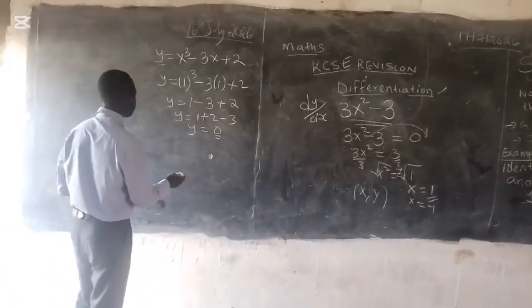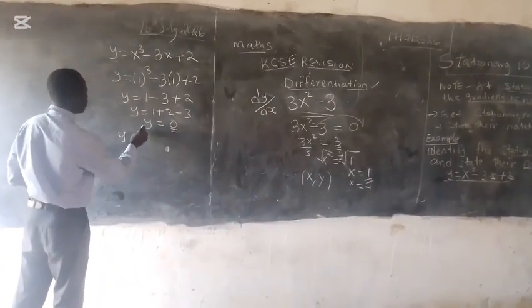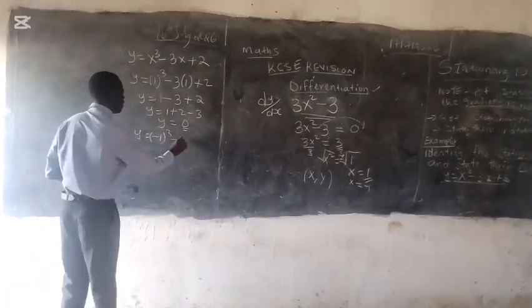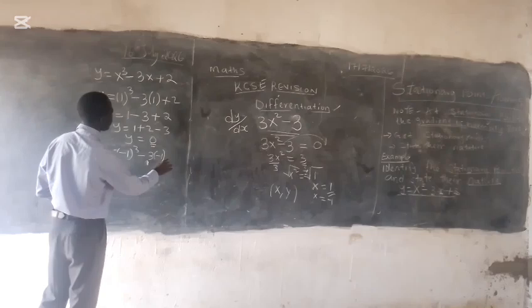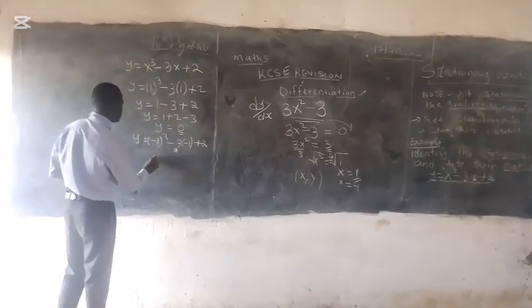The second value of y, we say that y equals negative 1 cubed minus 3 into negative 1 plus 2. Students, when we cube this, it becomes negative 1.